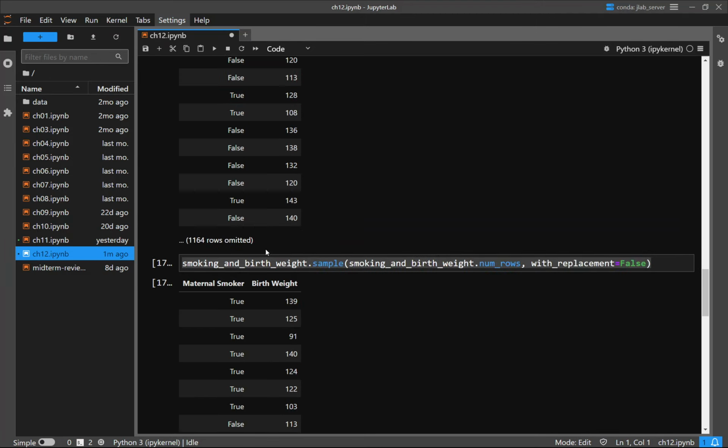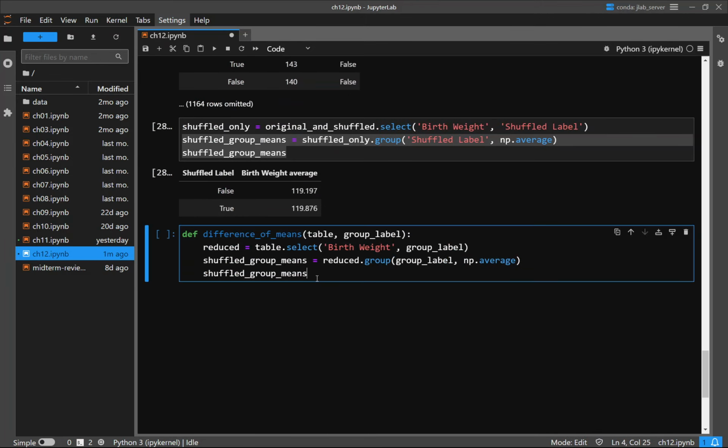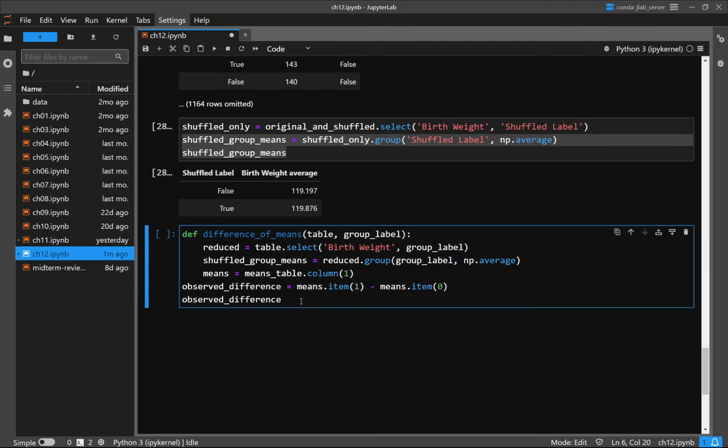Take the means, take column one, do all those things. So yeah, means is that. It's shuffled group means now. Column one. And then the observed difference that we saw here is item 1 minus item 0, and then we want to return that value. So this is just doing that kind of calculation for us.